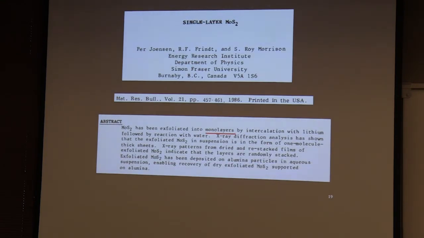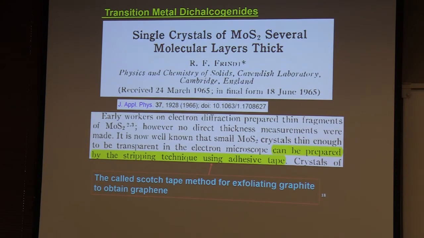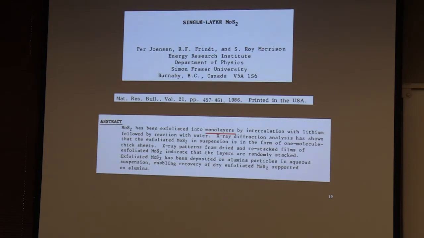And here is another, this is for aluminium sulphide. Friend worked a lot on transition metal dichalcogenides, and in this paper, a few years after, 1986, he mentioned monolayers. So, one molecule thick sheets.